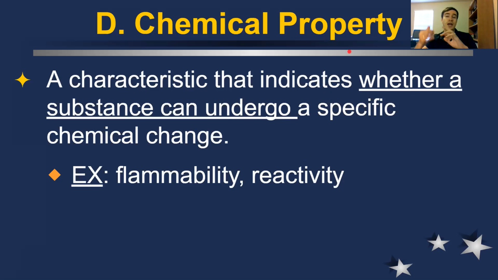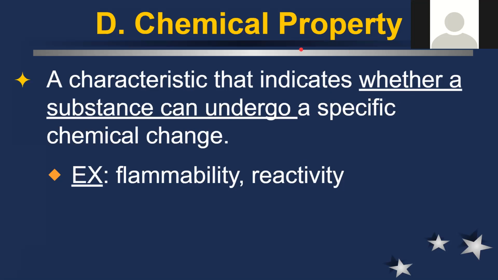So to recap, chemical change is when we have substances that start as one set of matter, one chemical, and then change into something different, something new. And a chemical property just tells us how likely is something to go through that change. Is it very likely that it's going to go through a certain chemical change, or is it very unlikely?